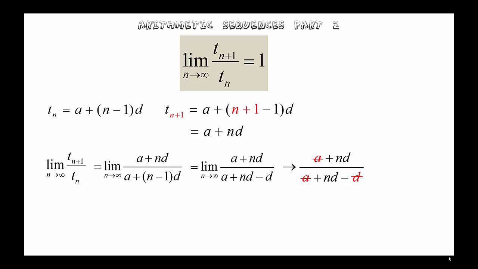So we can replace those with zeros, if you like, and what will remain is nd over nd, and of course that simplifies to 1. So we've shown that for very large values of n, the ratio of any two consecutive terms approaches 1, which is surprising in a way.